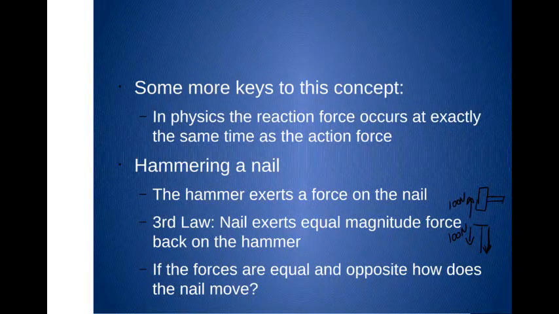Well, 100 newtons on a nail will push it down, cause movement. 100 newtons on the hammer is irrelevant. The hammer doesn't notice. So 100 newtons on a little tiny nail will cause the nail to slam into the board. 100 newtons onto a heavy hammer does nothing. So equal forces, not equal effects.